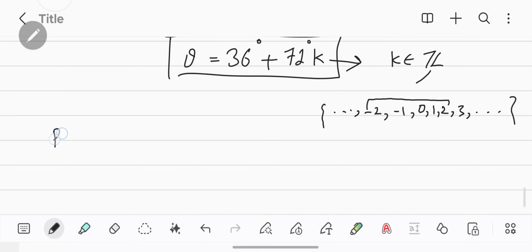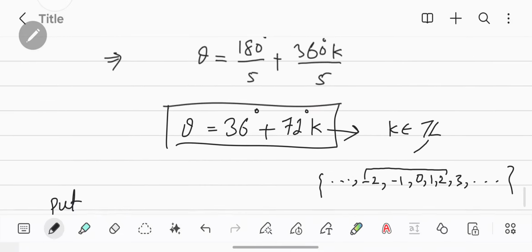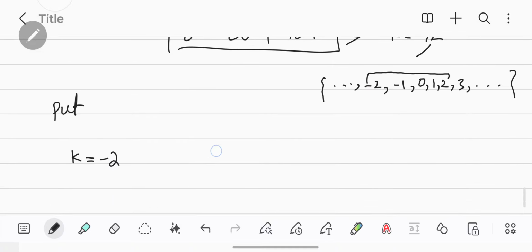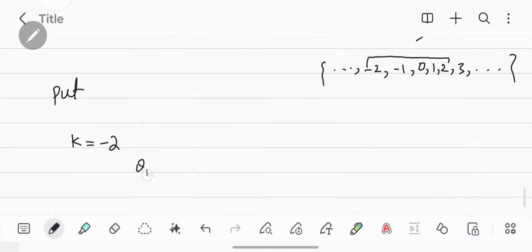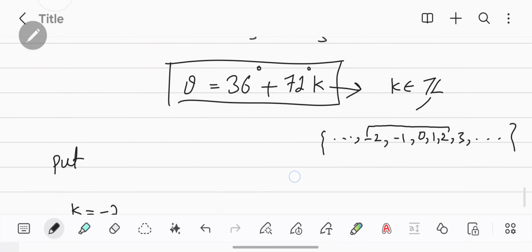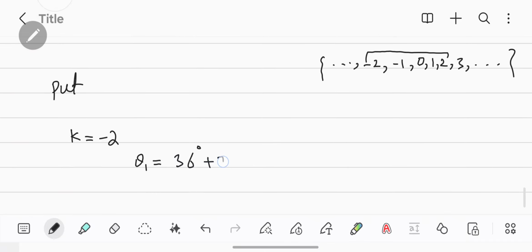Okay, so first of all, I will put this value of k, which is -2. If I put -2 here in theta, then I'll get theta 1 equals 36 plus 72 times -2.